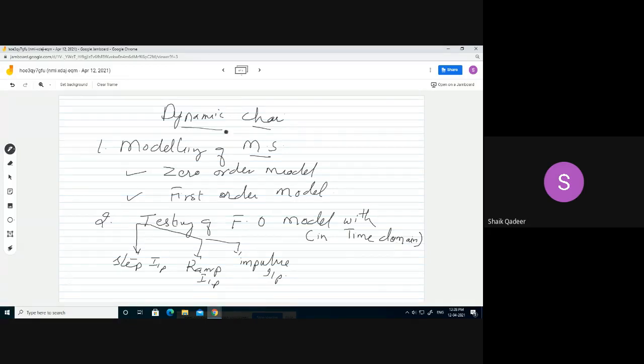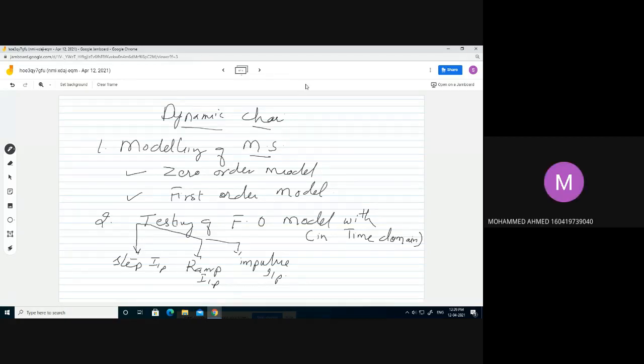Testing of the zero order model is not necessary. Only from first order onwards is testing necessary. So for the first order model of a measurement system, we will do testing with three excitations. Remember, in brackets I have written something. Are you able to read that? In time domain. Do you understand the difference between time domain and frequency domain? No, sir?